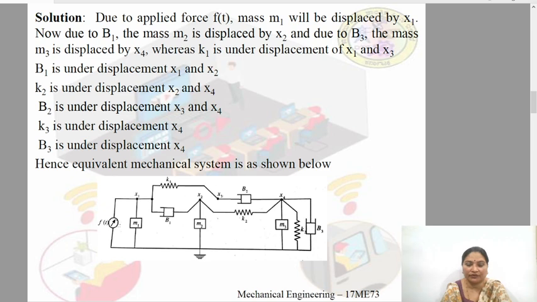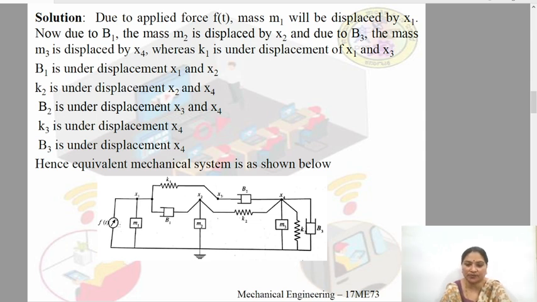So B1 is under displacement of x1 and x2, K2 is under displacement of x2 and x4, B2 is under displacement of x3 and x4, K3 is under displacement of x4 purely, and B3 is under displacement of x4 purely. Hence, we can write the equivalent system as shown below. So we can write the equations of the equivalent mechanical system by considering the different nodes, that is, the four nodes.